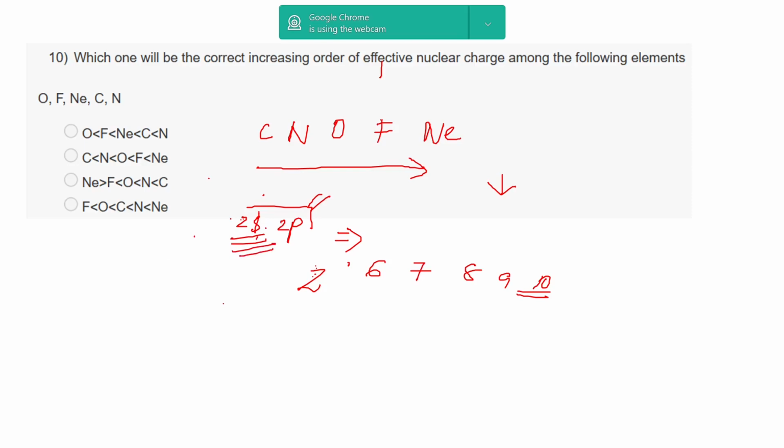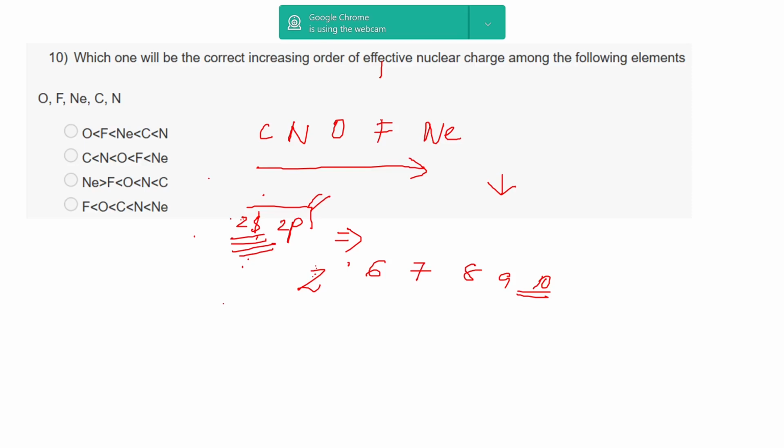Even though the number of shells is the same, the nuclear charge is increasing, which means the nucleus has much more power to attract the last electron when going from carbon to neon. Because of this increased attraction, the size of the atom reduces. The electrons are pulled closer towards the nucleus, so these elements contract from carbon to neon, and the size is decreasing.